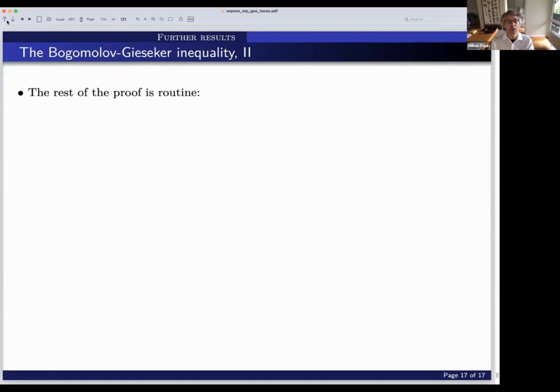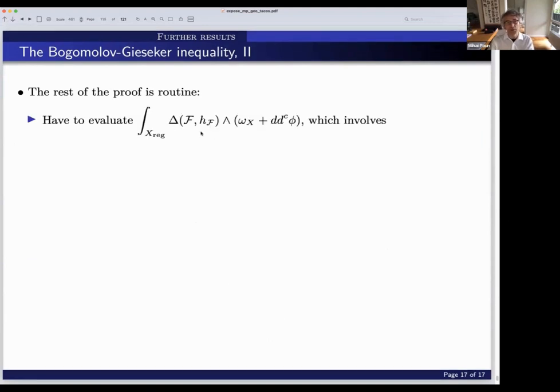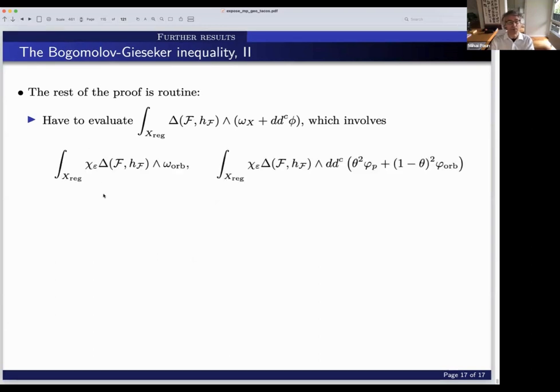Fine, so if we have this at hand, the rest is pretty simple. Remember that we have to evaluate this quantity here. This one involves, so I can of course multiply with some cutoff function which is 1 almost everywhere and 0 near the singularities, near the points. Then I can separate it into 2 parts.